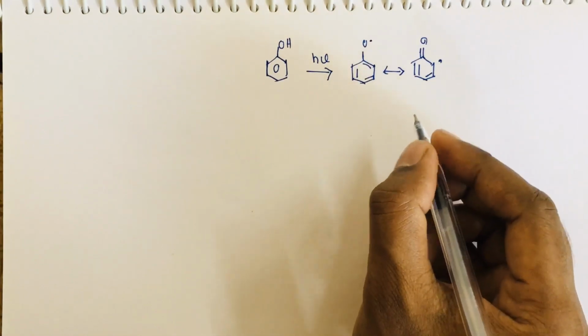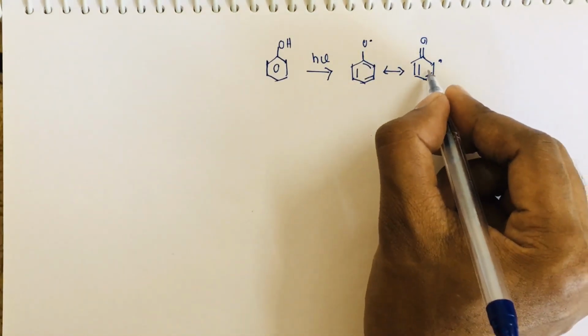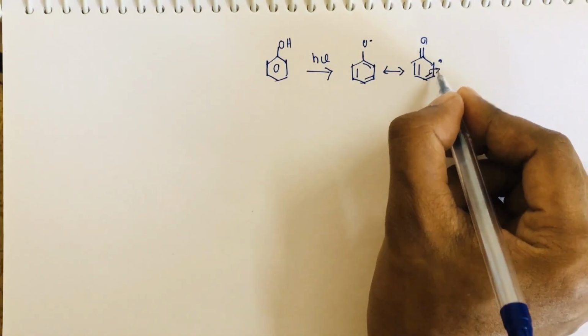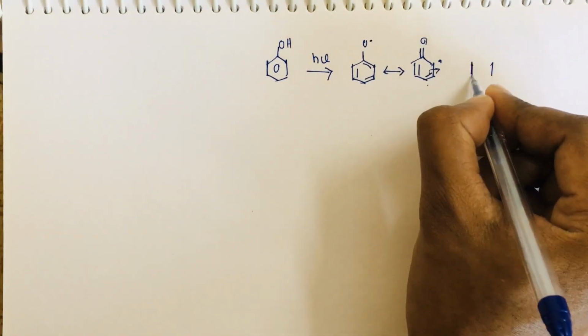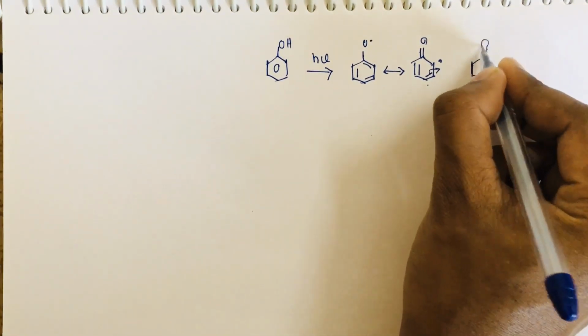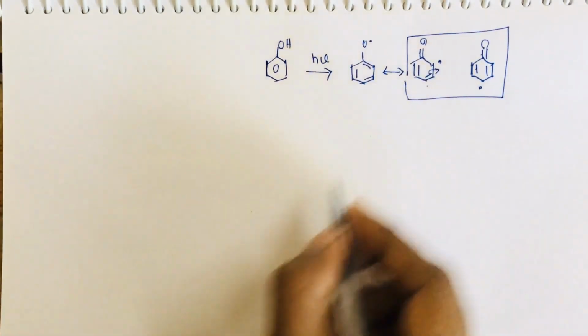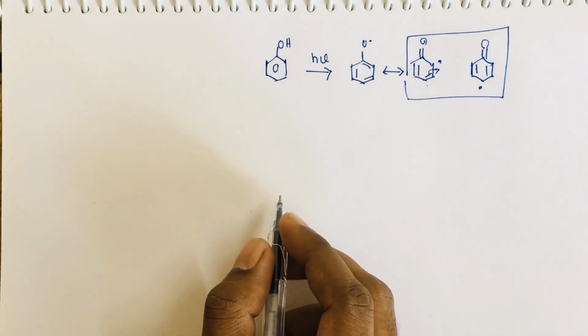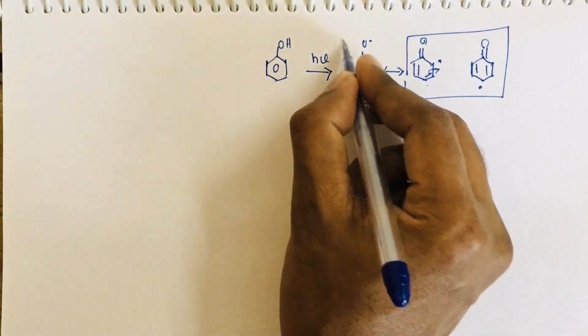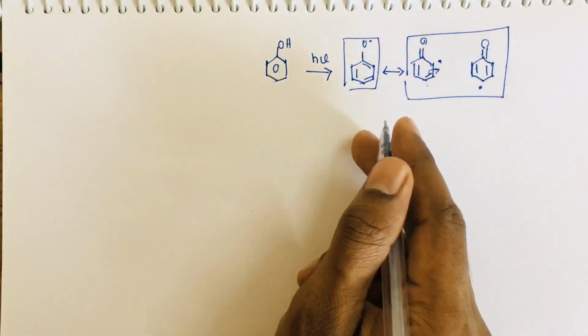This is the first one. The second one is this can go here and the free radical comes here. Now the reactions will take place from these states, and we will get a total of 3 products in the oxidation reactions.